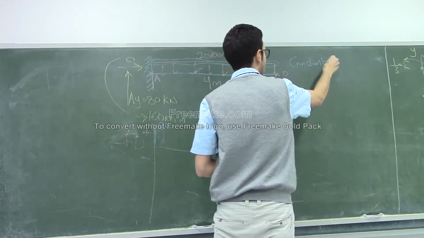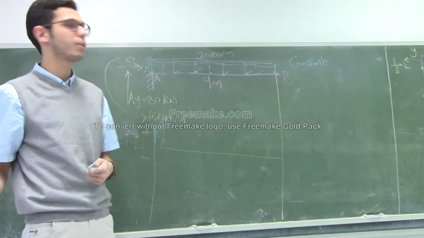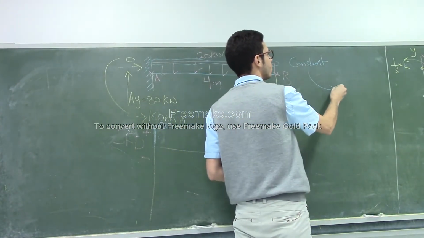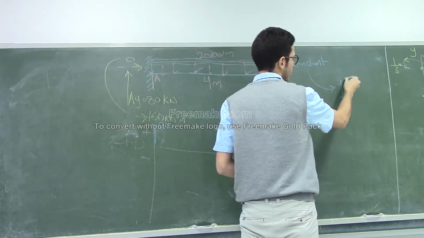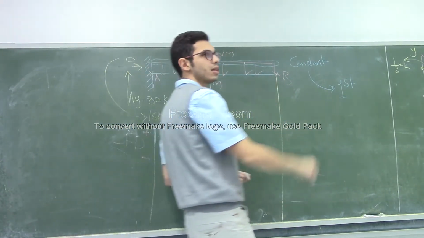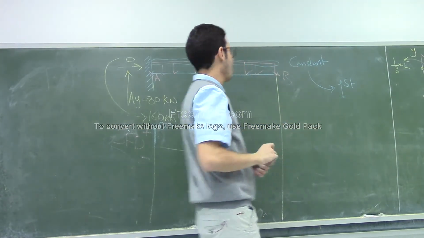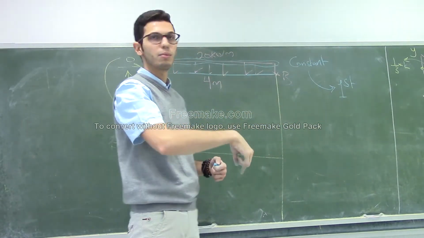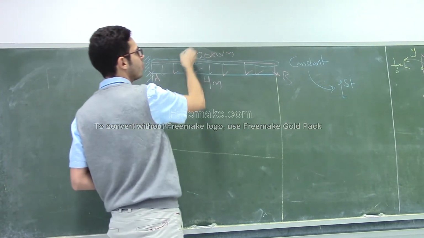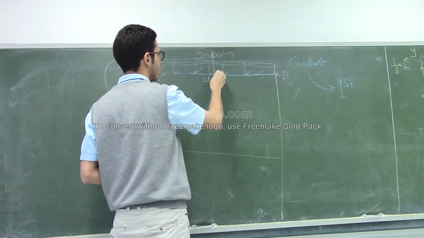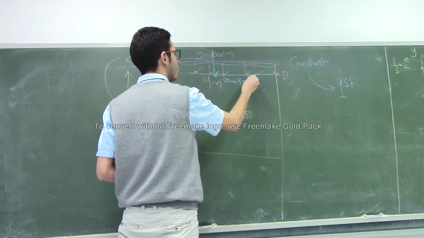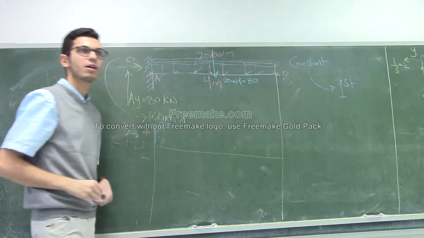So you have a constant, and according to the table, when you move to the shear, the degree will change into first degree, which means you get a straight line. The straight line should be downward because the force is downward. The equivalent value here is 20 multiplied by 4, which is equal to 80.